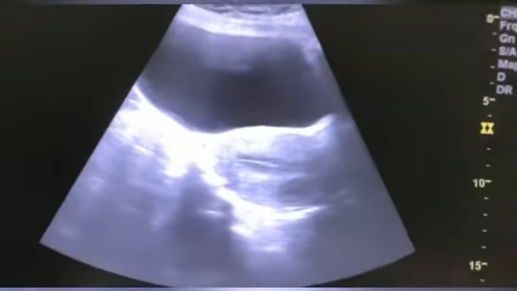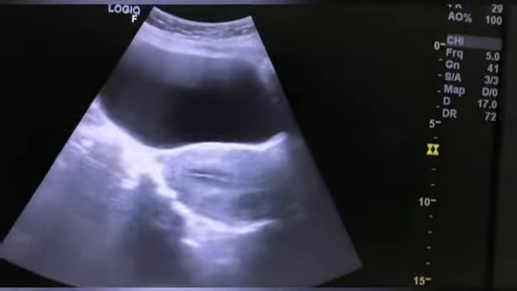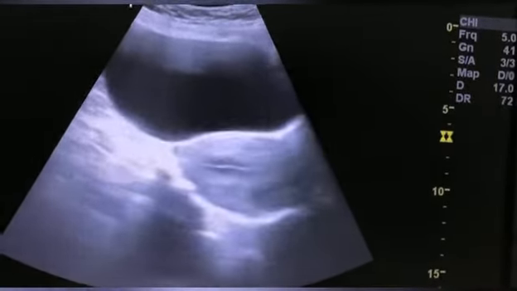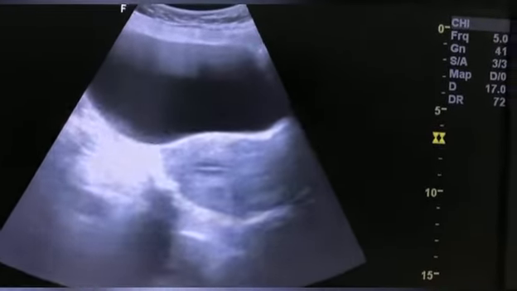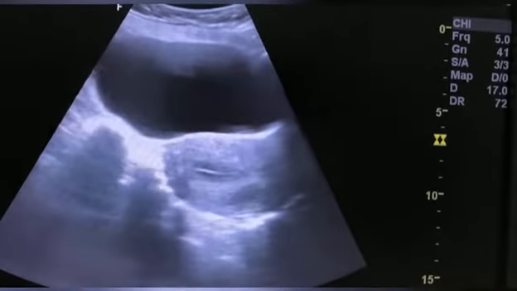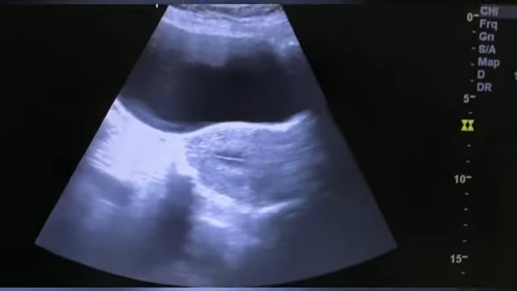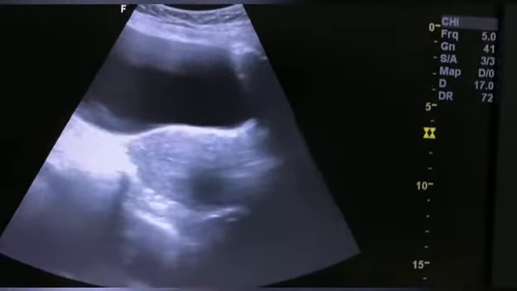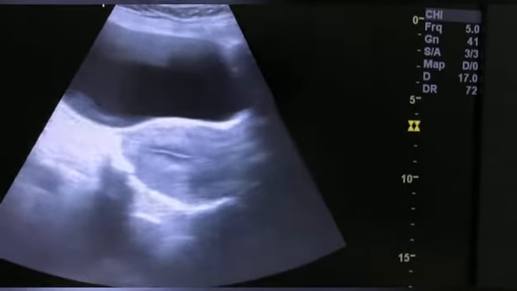Okay, and one advice is that you don't have to fill the bladder too much, over distended, as in this case you see, as compared to the previous video. In the initial stage which I showed, it was a partially filled bladder, not partially but between partial and over distended.